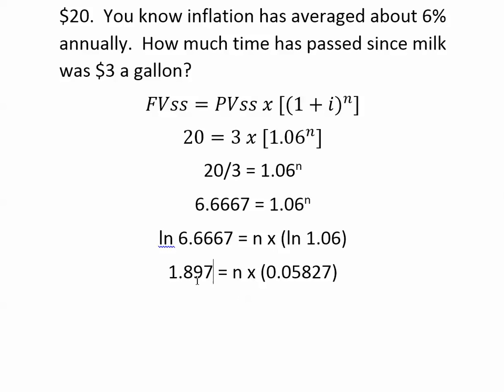I'm rounding a bit. Now I need to solve for n, so I'm going to divide both sides by 0.05827. That gives me 1.897 divided by 0.05827 equals n. And the final answer is 32.558 is my n.